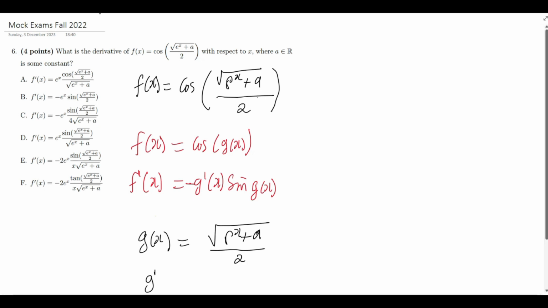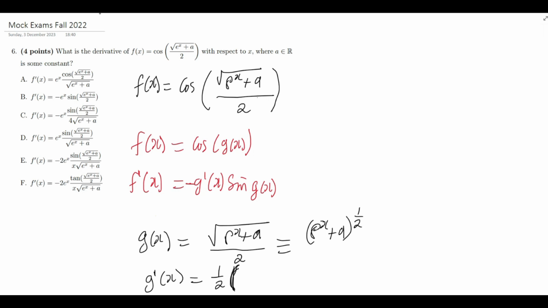So to look for the derivative of our function, we are simply going to have this half. We keep that as a constant, and we look for the derivative of this function. This can be written as e to the power x plus a, all that raised to the power a half, all that divided by 2. So to do that, we bring down the power a half. We differentiate the function in the square root sign. It will be e to the power x, because the derivative of the exponential function e to the power x is e to the power x.